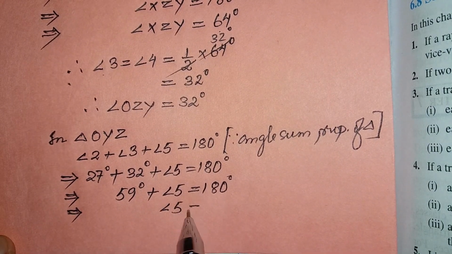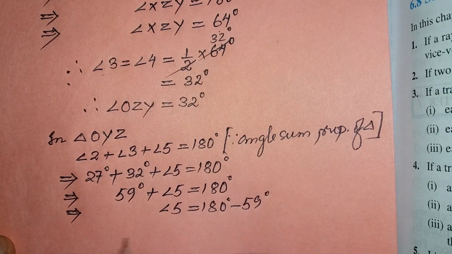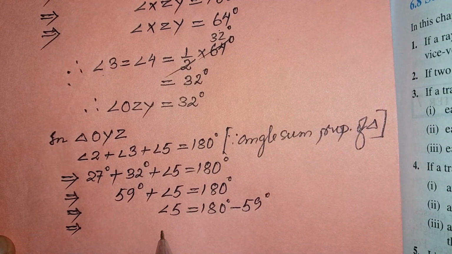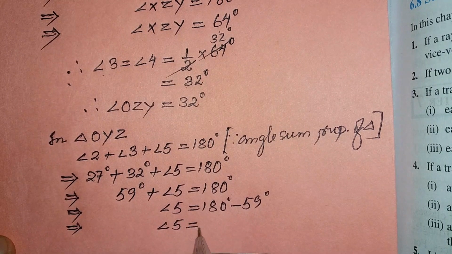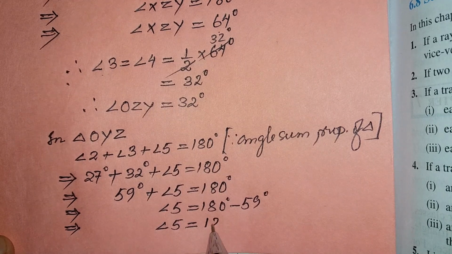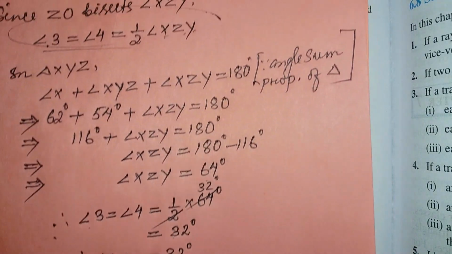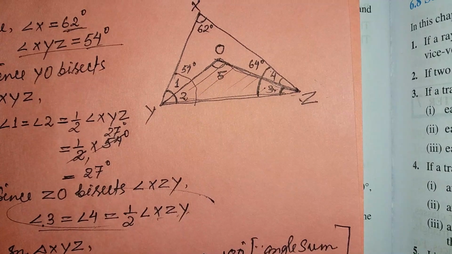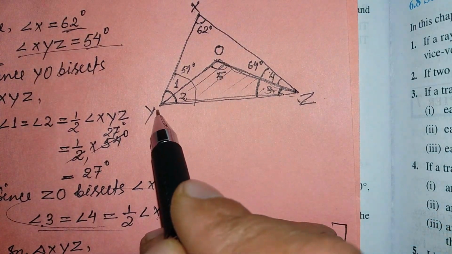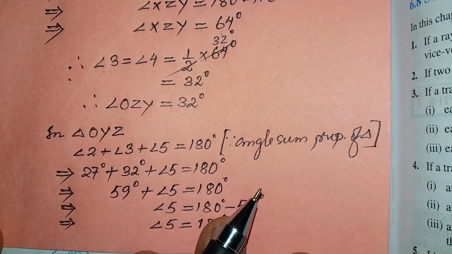Angle 5 is equal to 180 degrees minus 59 degrees, which is 121 degrees. Now this angle 5 is angle YOZ.